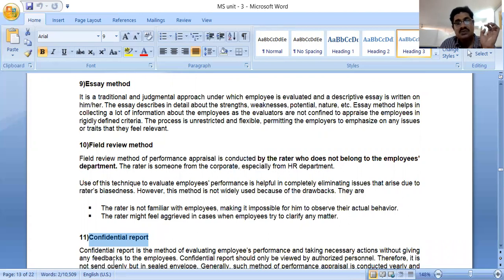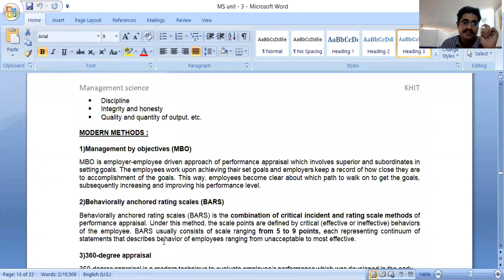If the company is private, the performance appraisal by writing a paragraph is called the essay method. If the company is government and it checks its employees' performance by writing a paragraph or report, that report is called the confidential report.